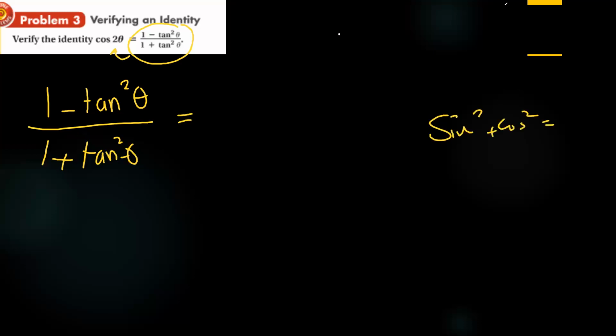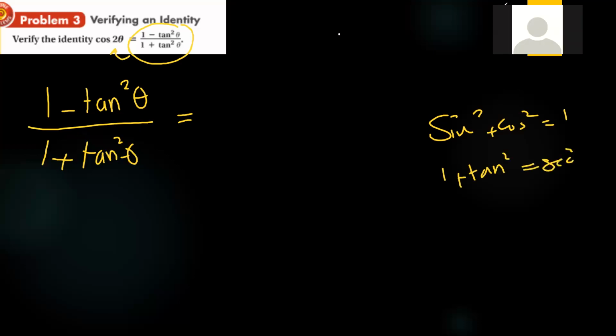Before simplifying it, we remember that we have 3 Pythagorean identities: sine squared plus cosine squared equals 1, and 1 plus tan squared equals secant squared.